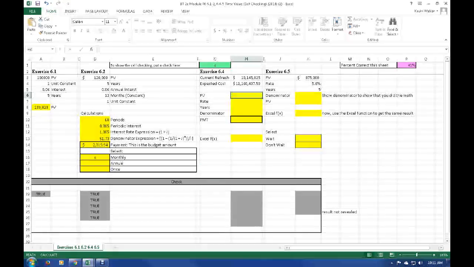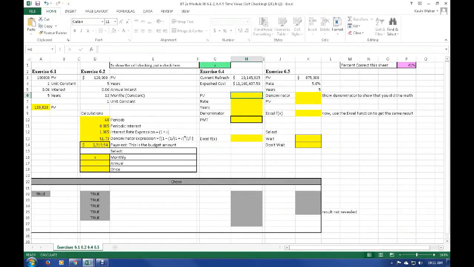And here, the future value is your expected cost. Expected indicates that you don't know what it is, but you expect it to be that amount. Now you can really screw up pretty badly here if your estimate of what something's going to cost is significantly off.